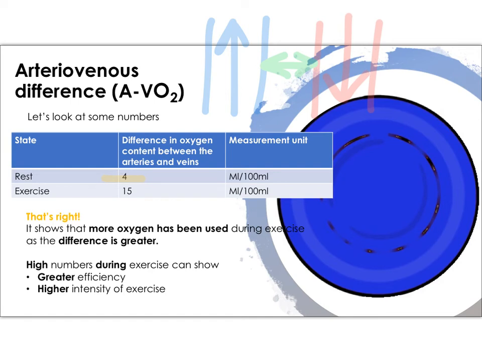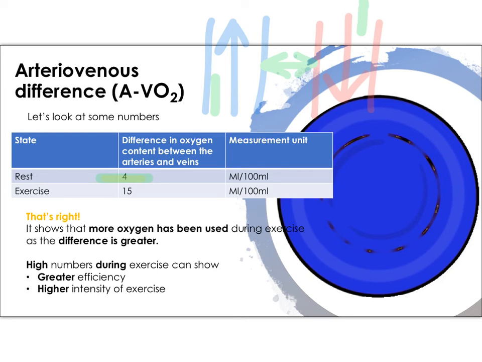So we can see here that the difference when resting is only 4. So that means that we're getting plenty of oxygen to the working muscles, and we're still getting plenty of oxygen coming out. So the difference is only 4 millilitres per 100 millilitres.